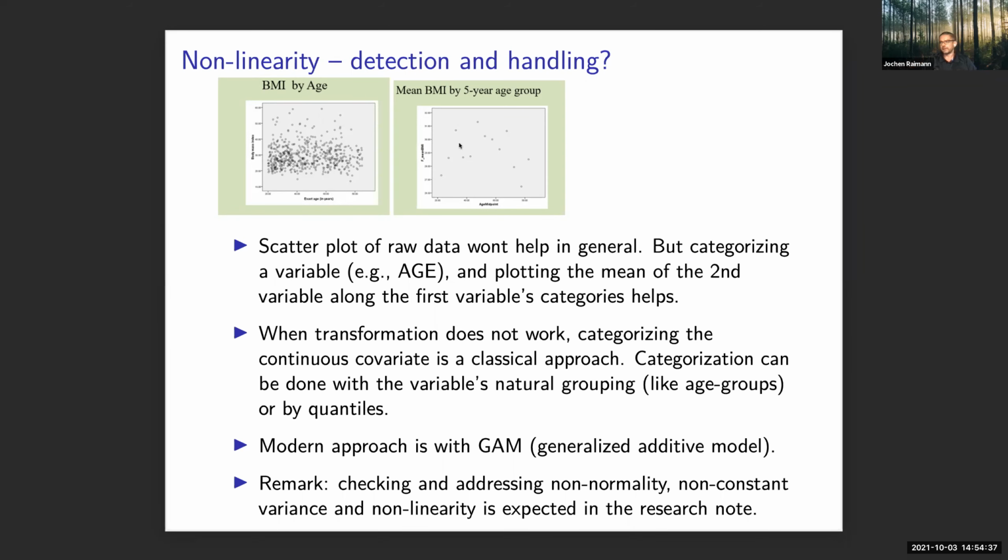So with categorization, I see the advantage of nonlinear functions and being able to understand them in more detail.